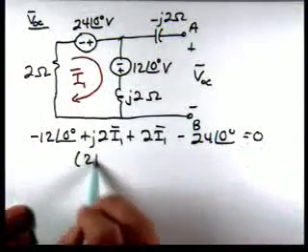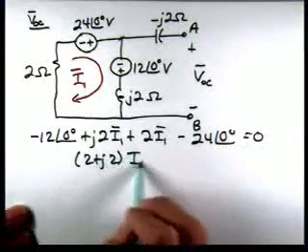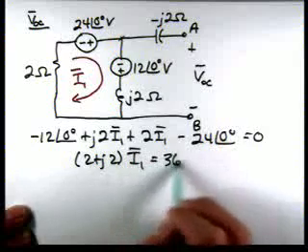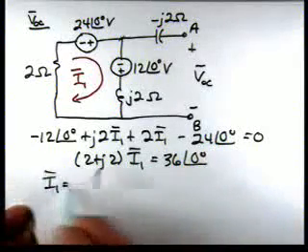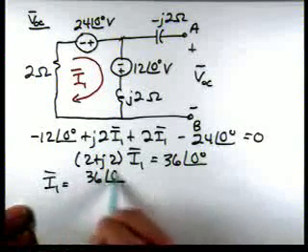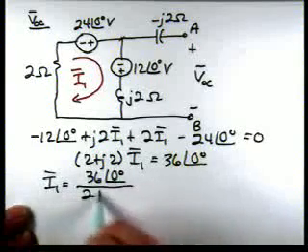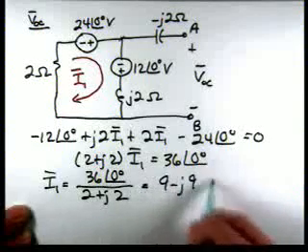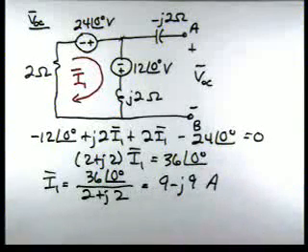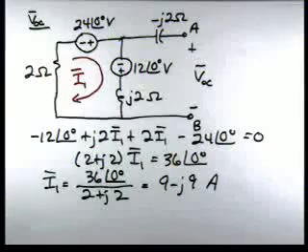So we have 2 plus J2 times I1 is equal to 36 at an angle of 0. Or I1 is 36 at an angle of 0 divided by 2 plus J2, which is 9 minus J9 amps.